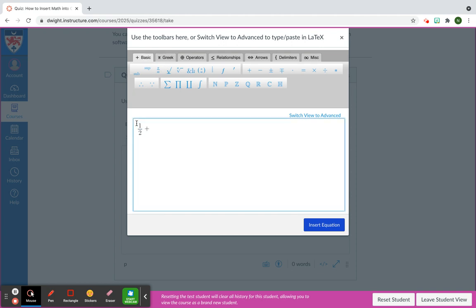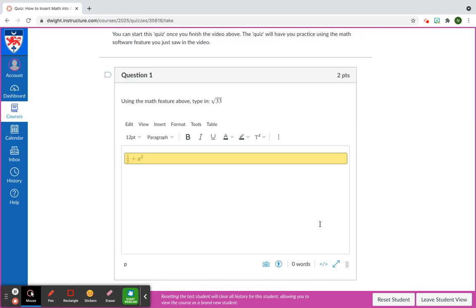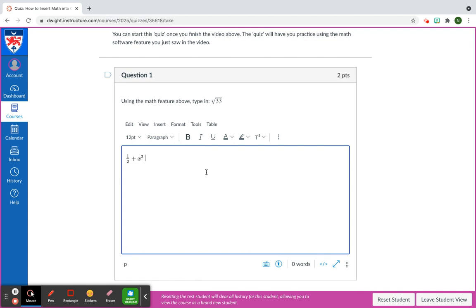I can then insert plus, and say x to the, and I would like an exponent here, so I'll click this button, x to the second power. When you click Insert Equation, it will show up there for you, and you could continue typing as if you had other things that you wanted to say.